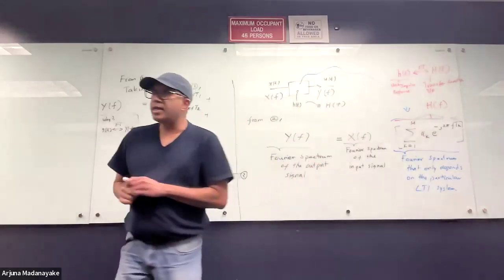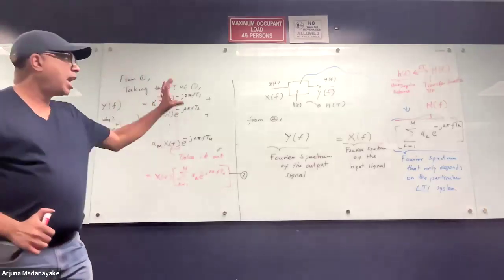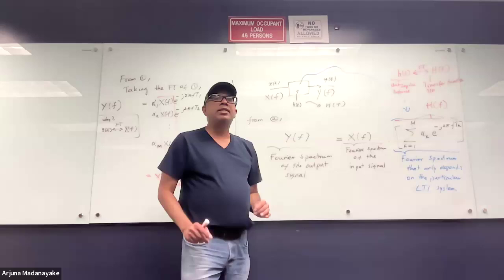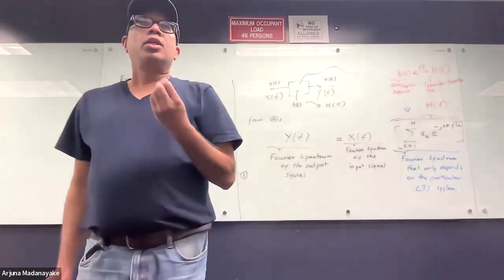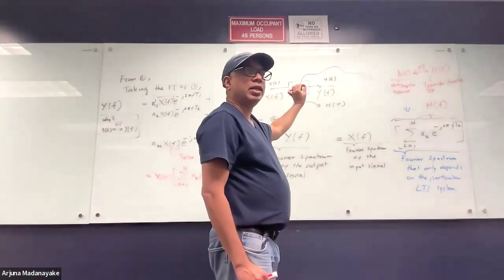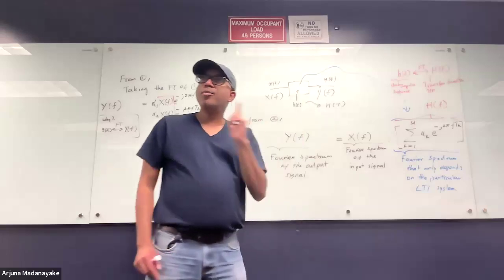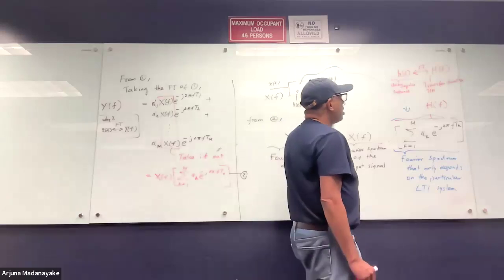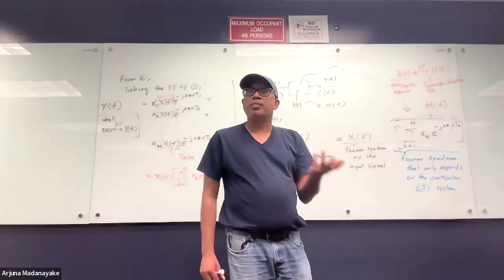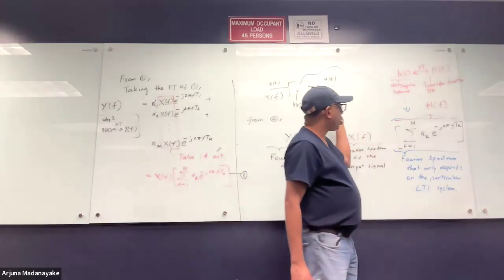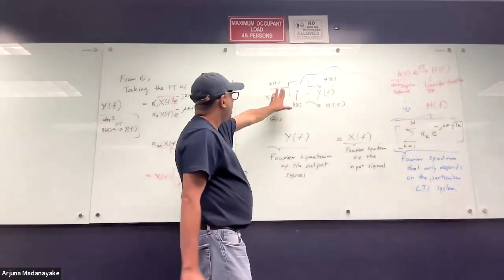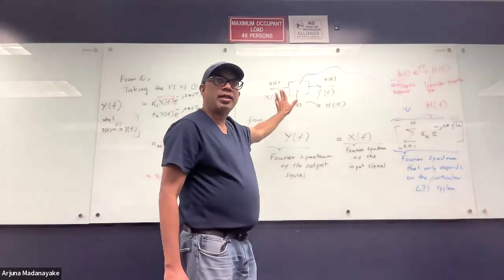So what we are really saying is the behavior of a linear time invariant system, LTI system, is completely described using simple h of t, the impulse response, in the time domain, or you can completely describe it in the frequency domain by taking the Fourier transform of the impulse response, which is called h of f, and it takes this form for LTI systems of that type.